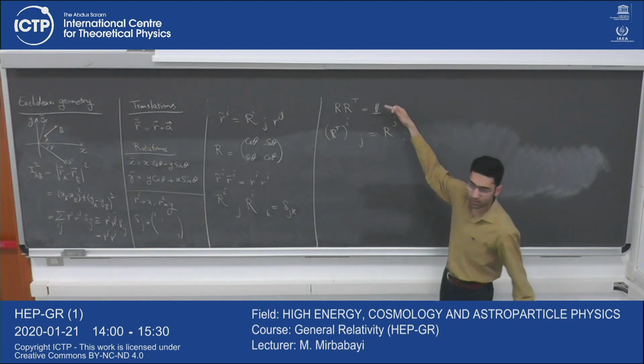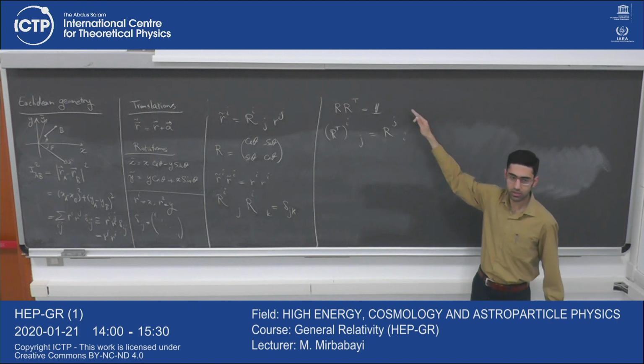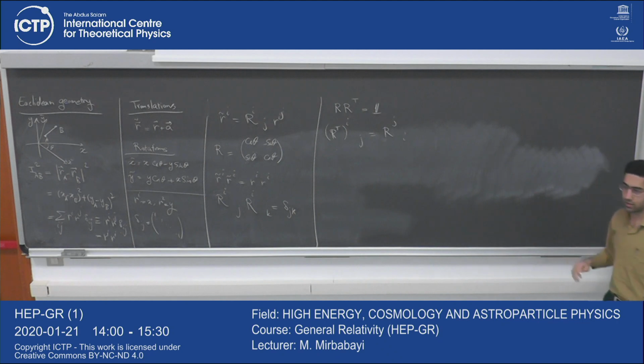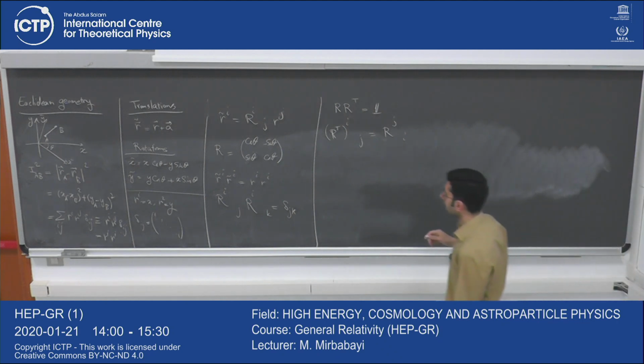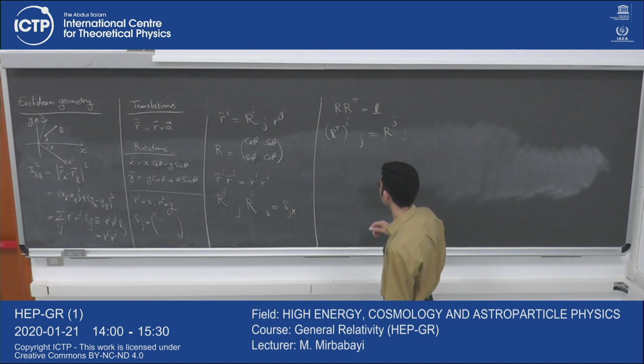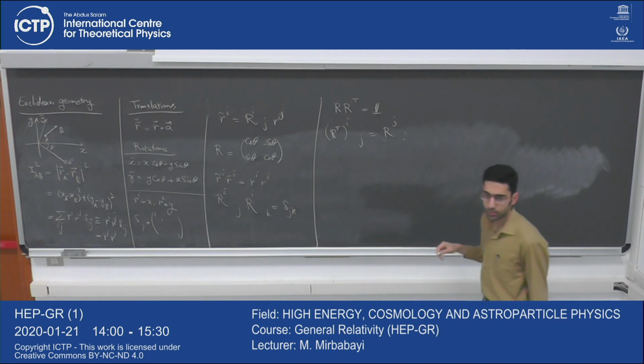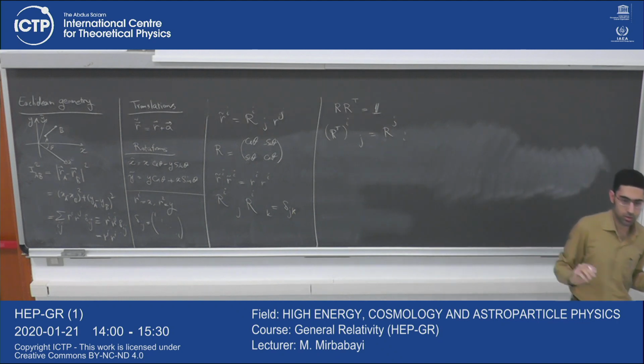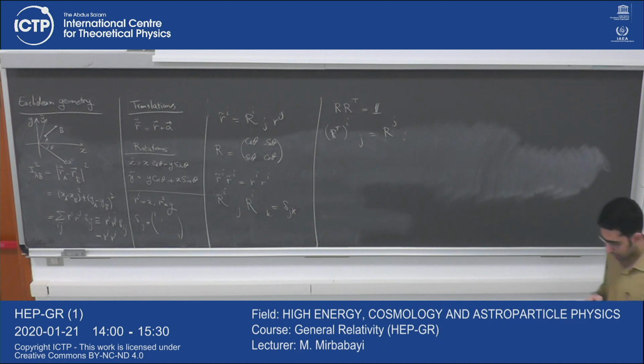They can be defined in different numbers of dimensions. Here we talk about the two-dimensional case, but in general we can define them in any dimension. And they form a group, meaning that there is a set of these rotation matrices, or orthogonal matrices.